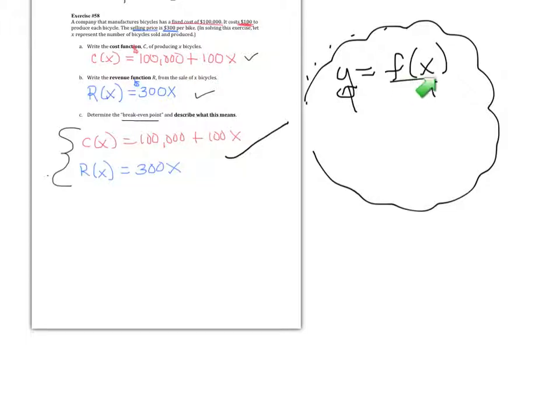This notation is very helpful because the F can represent the revenue and the C can represent the cost. Y is very generic, but when we're solving algebraically, we like using Y. So we're going to replace Y with R of X and Y with C of X.